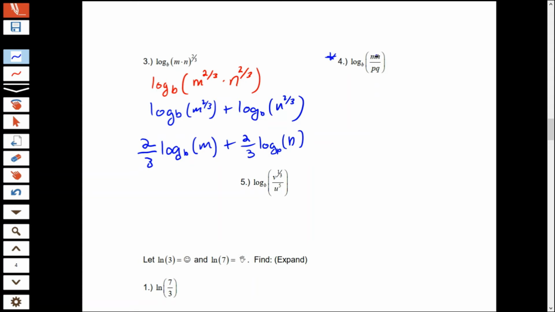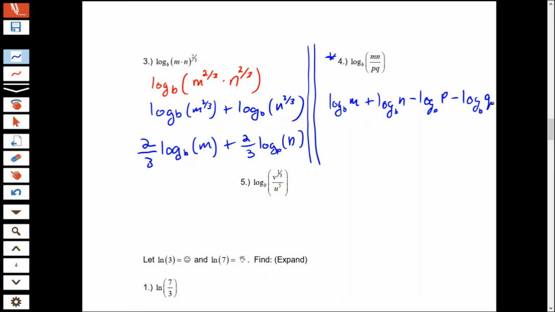And any exponents will come out in front as coefficients. So this, right here for number 4, is going to expand to log base b of m plus log base b of n minus log base b of p minus log base b of q.